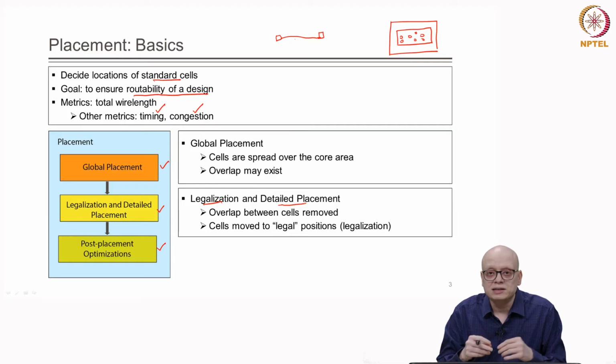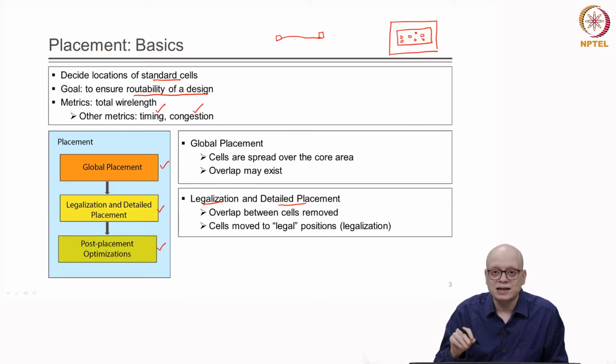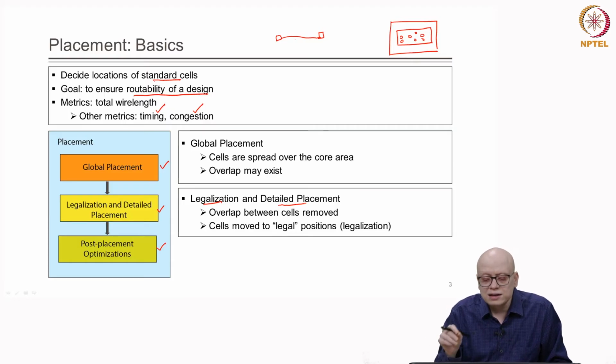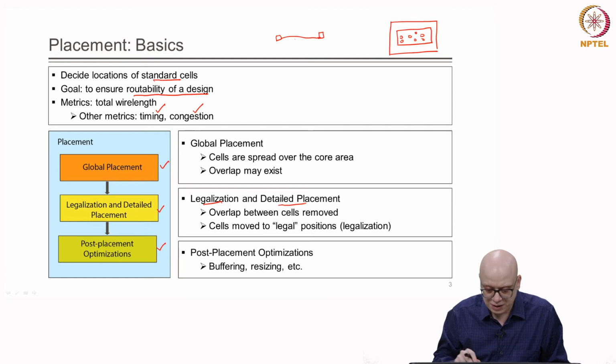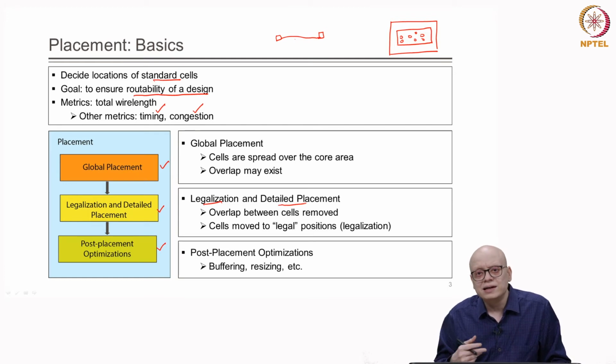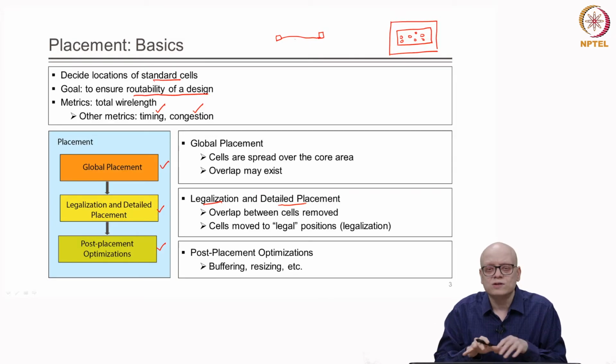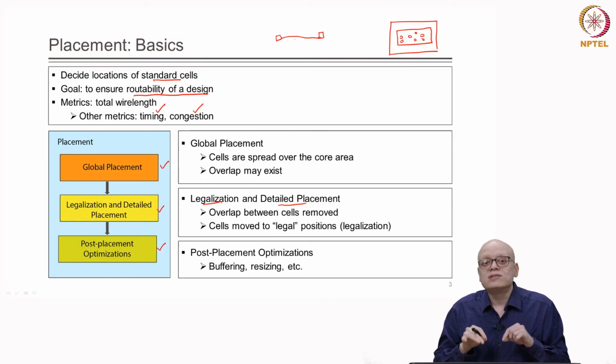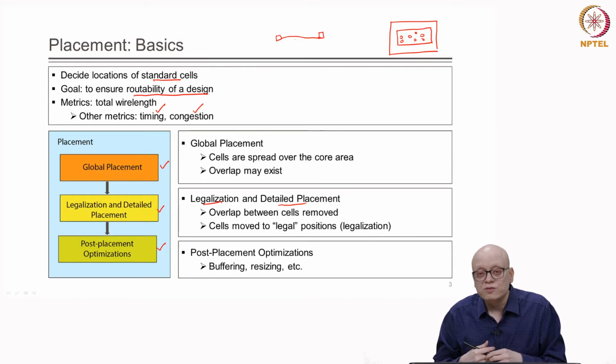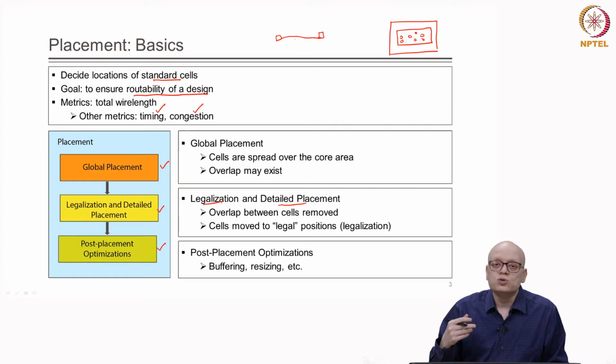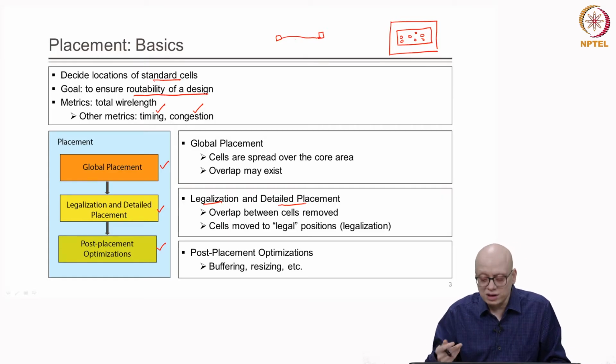For example, there can be some locations where the cell cannot be. We remove those cells and put them in legal locations. So, what are legal locations? We will see in the later slides. And then after we have done the legalization and placed the cells over the layout, then we do some optimizations, for example, buffering, resizing, etc., to improve the QoR of the design.